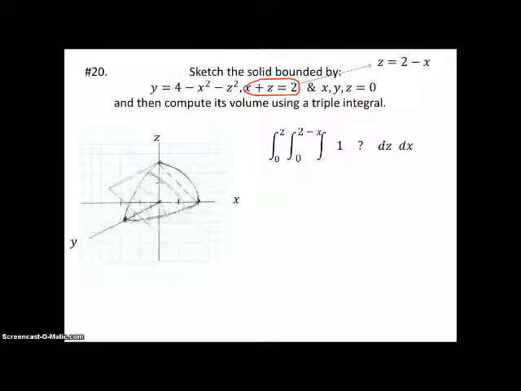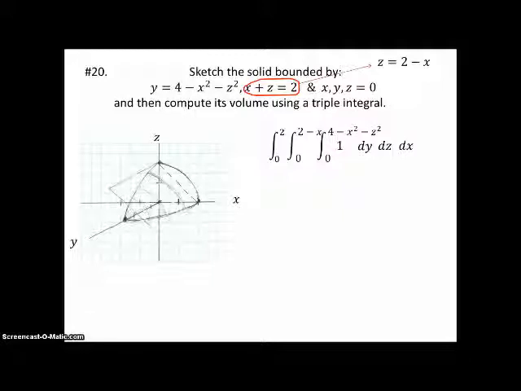And so z is going to go from 0 to 2 minus x. And then finally, we'll integrate with respect to y first, and y goes from 0, which would be the xz plane, out to the bubble, which is described by y = 4 minus x squared minus z squared. And then again, the integrand is 1 because we're doing volume here.